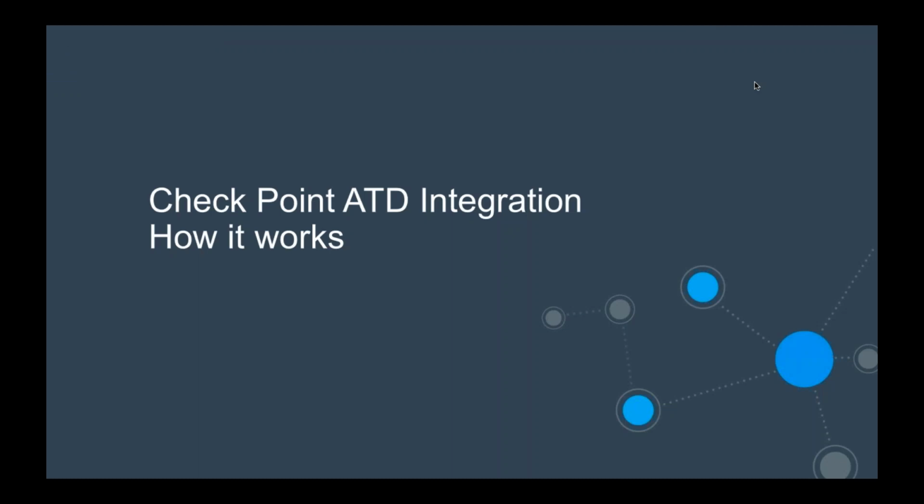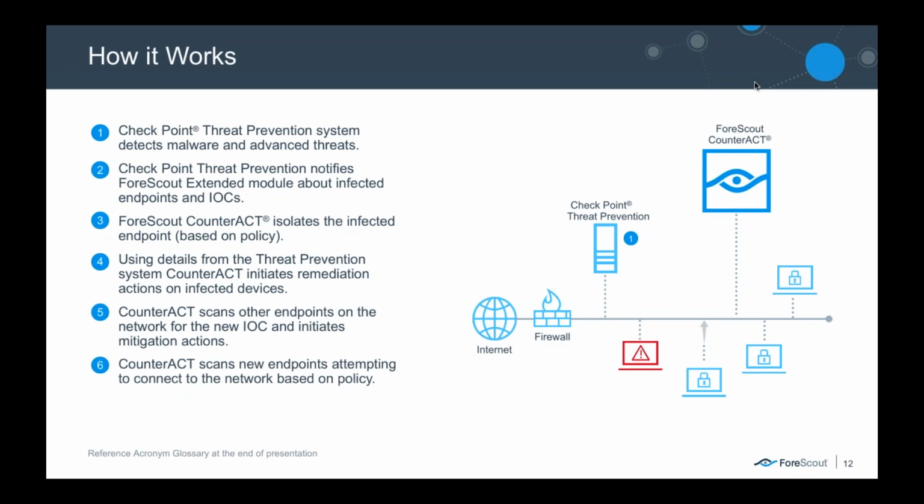So now we're going to look at the advanced threat detection integration, and I'm just going to show you the basic steps of how that works with ForeScout. The first step here is that the compromised device or the at-risk device will be downloading some software or communicating outbound, and the Check Point threat prevention system will be monitoring that traffic and will detect some malware or some advanced threat.